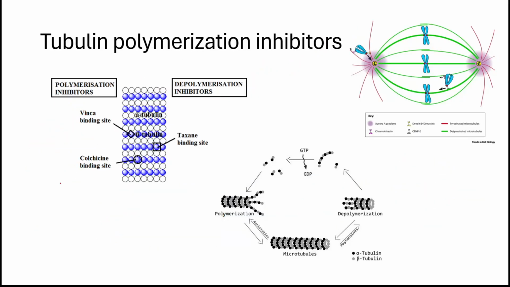Now, if you look at this in more detail, the production of microtubules requires alpha and beta tubulin. This has to undergo polymerization. If this is present, then microtubule formation is possible. However, polymerization requires the action of a few cofactors that bind to three sites. These sites include the vinca binding site, the colchicine binding site, as well as the taxane binding site.